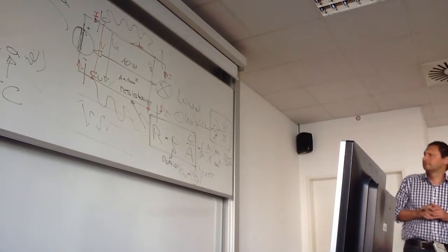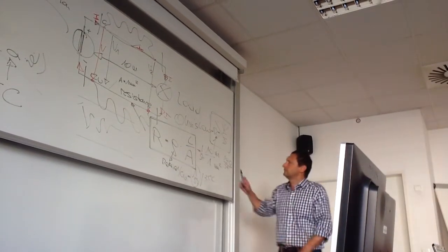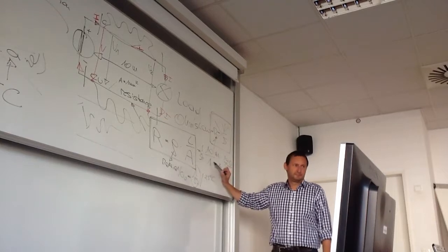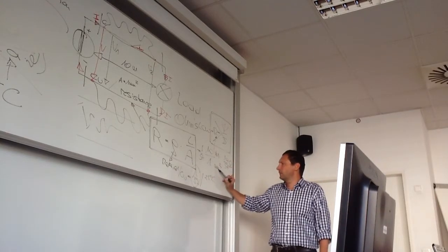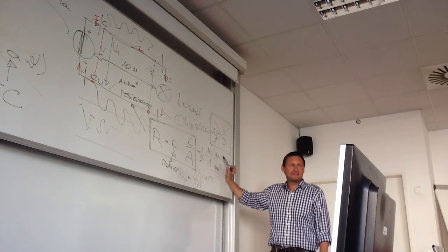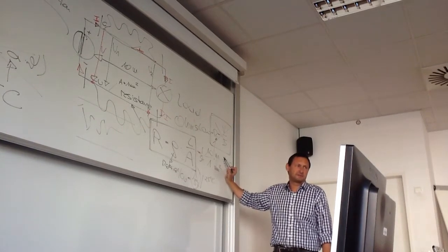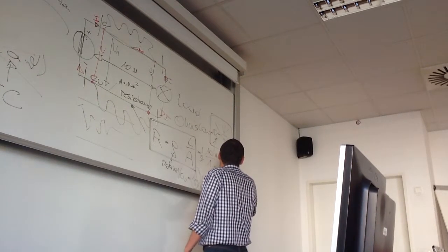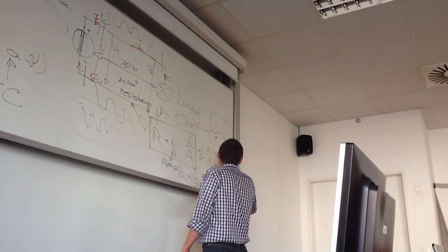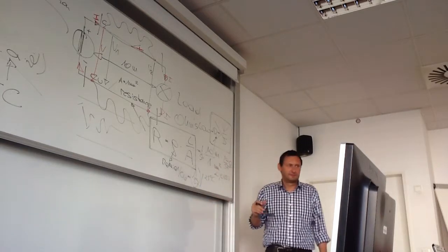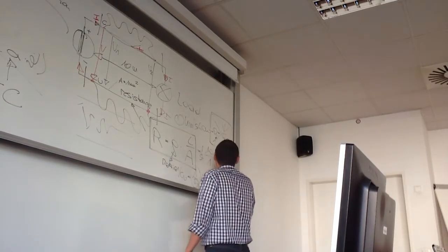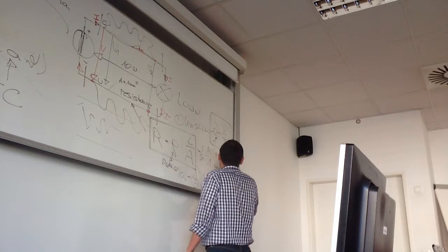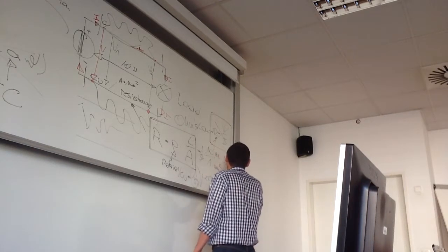The cross section is in square millimeters, and the lengths always have to be in meters. So the answer will be 0.175 ohms.